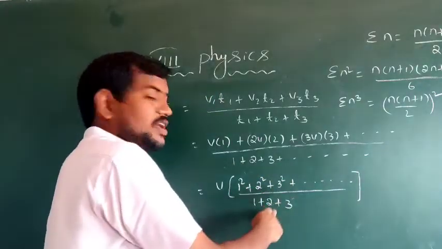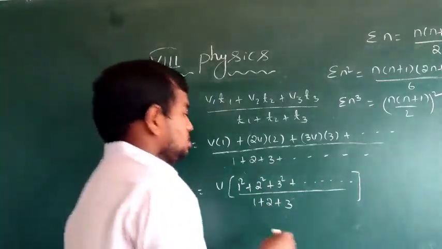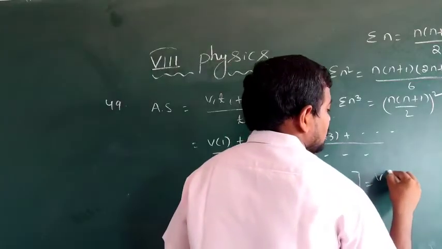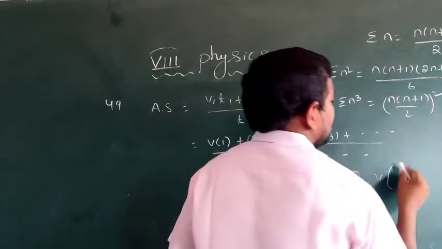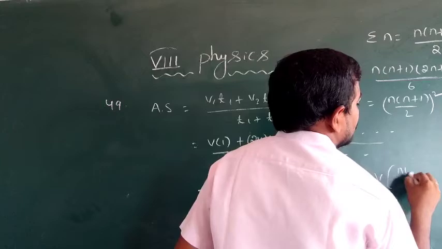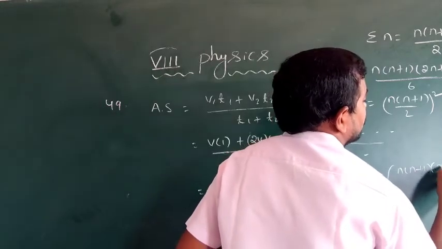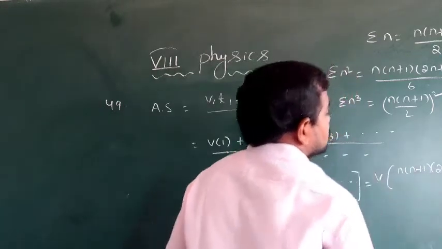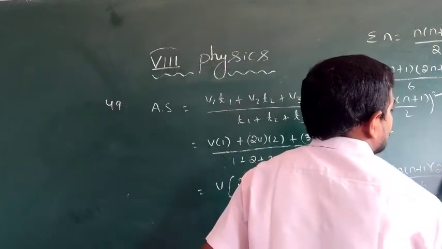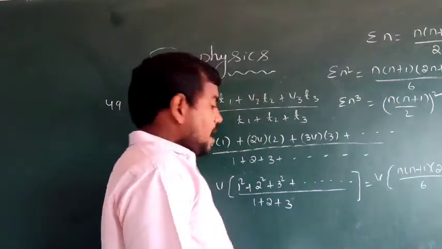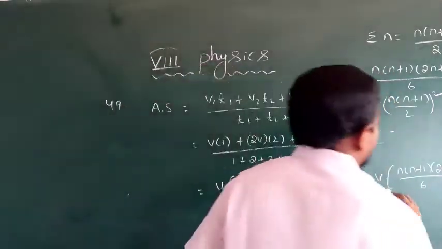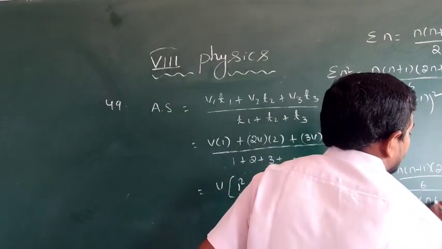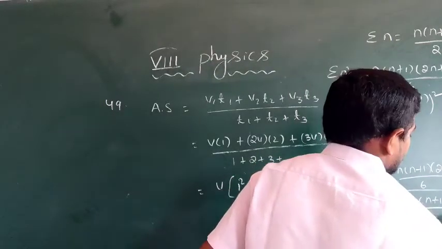Here this is n square and this is n. So V into sigma n square is n into n plus 1 into 2n plus 1 by 6, whole by 1 plus 2 plus 3, sigma n, which is n into n plus 1 by 2.